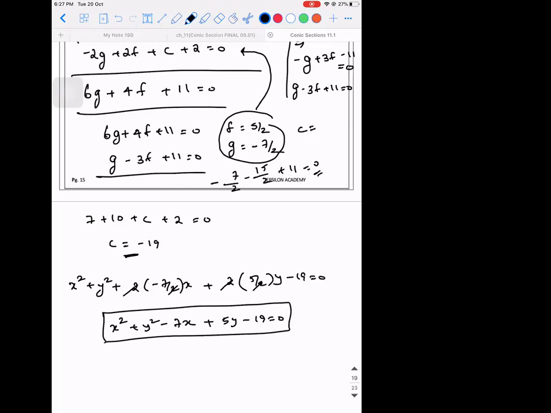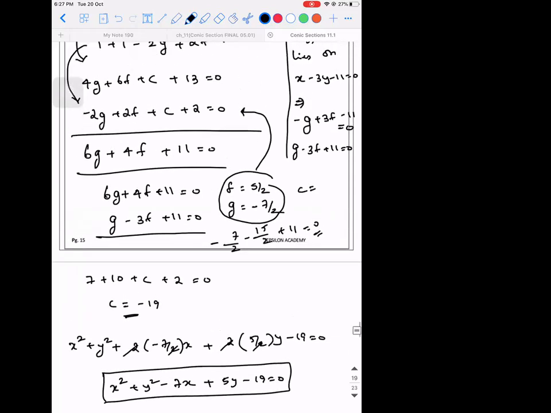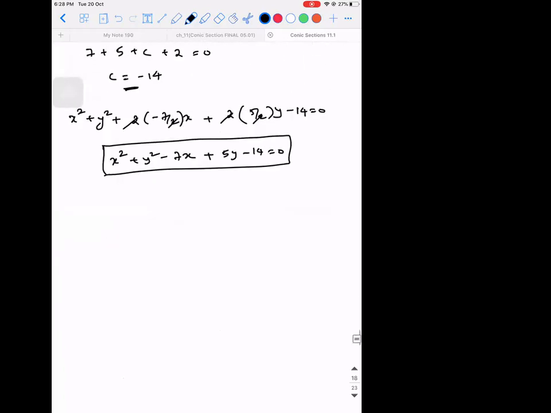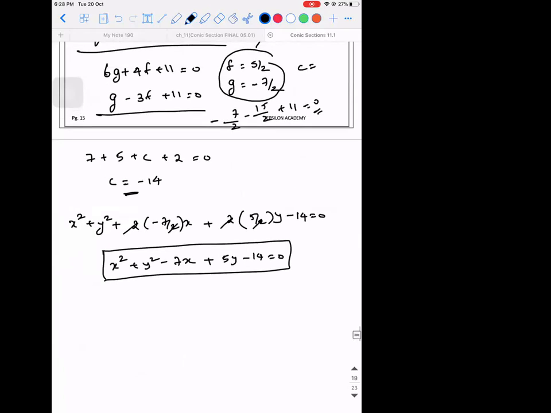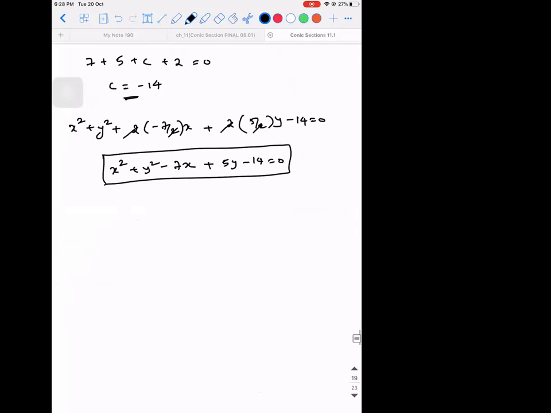I'm getting c as 19. 7 plus 5 plus c, oh, 7 plus 5 is 12, 14. It is minus 14. Now it's fine, no? Is it 19? No, it is 14 only. I made a mistake. It is minus 14.